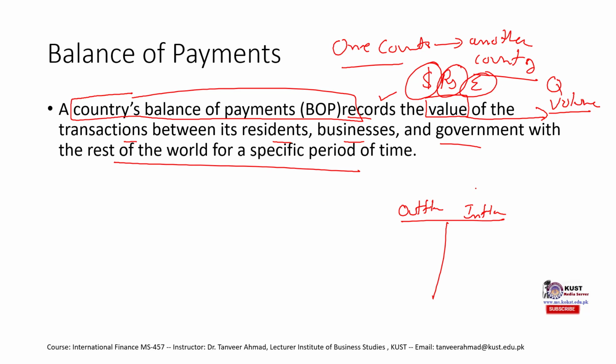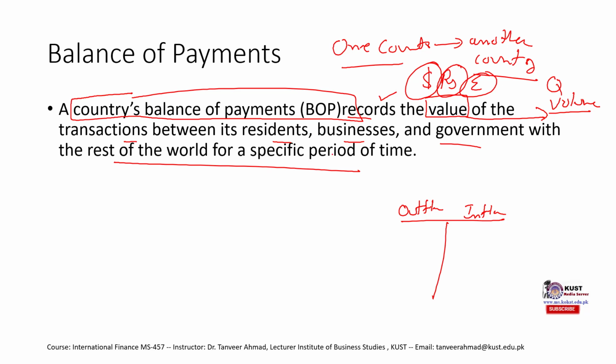So it's not necessary that it would just be the transaction of the Pakistani government with the rest of the world, but it would also include one business buying products from another business, one business buying the raw material from another business out of this country, one resident buying some property in another country.